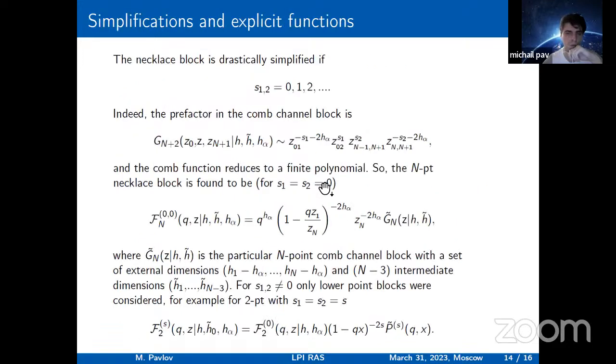But we didn't compute the general block for integer s. Our main result is for s1 and s2 to be 0.